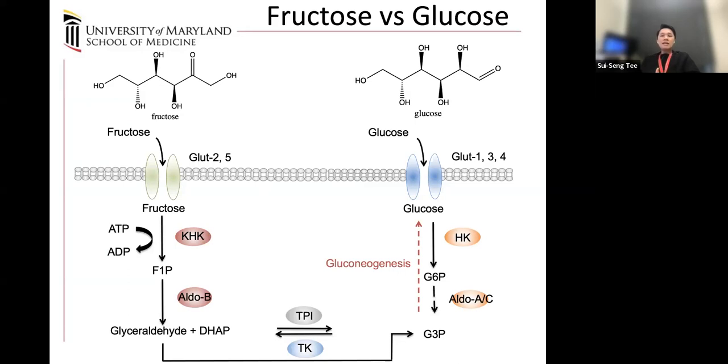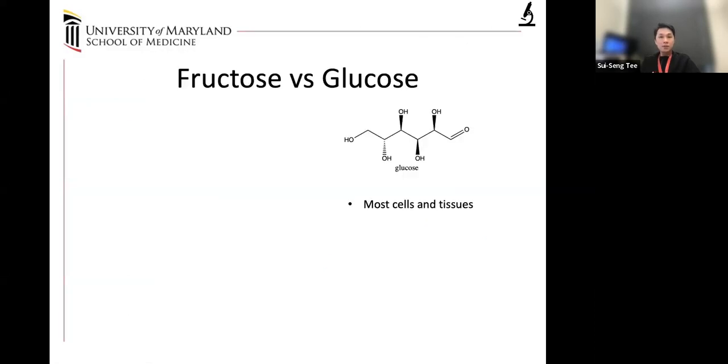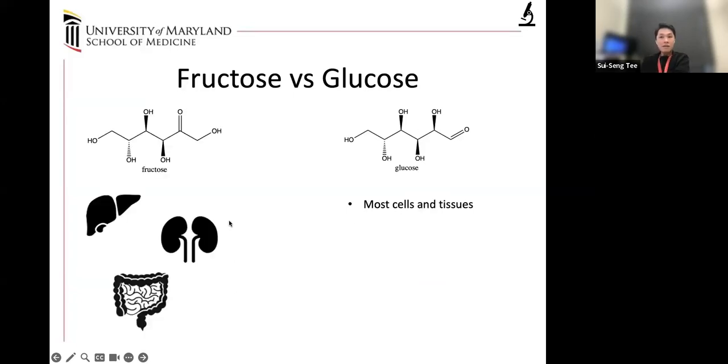Fructose can be seen as a specialized metabolic pathway limited to certain cells and tissues. While glucose is broken down in most cells and tissues, fructose metabolism is limited to the liver, kidney, and small intestine. This specialized metabolic function is an adaptation to the fact that different tissues and organs have different metabolic demands.